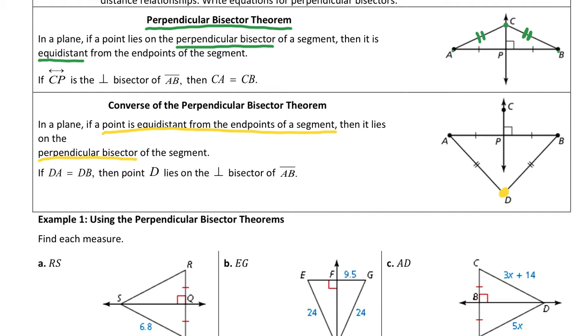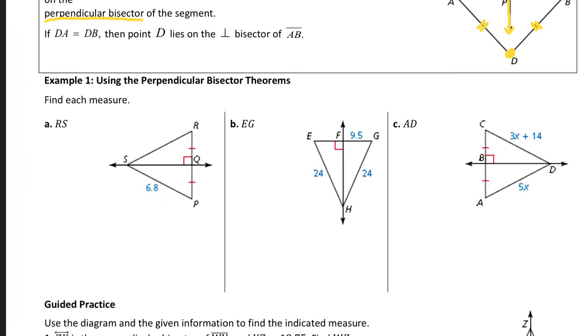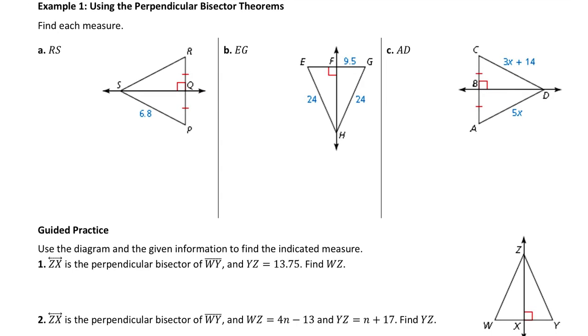The perpendicular bisector of AB is this line, CP. We can assume that D lies on that perpendicular bisector because it is the same distance from A as it is from B. So in example 1, we're going to use the perpendicular bisector theorem to find some measures.